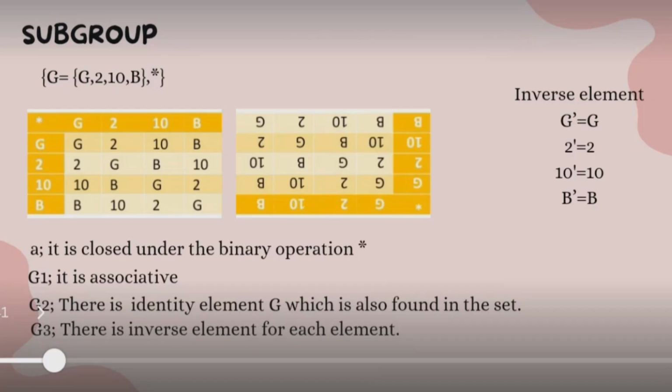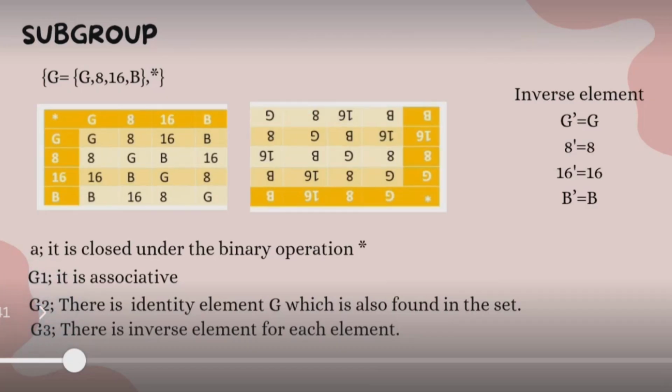And it has inverse elements: the inverse of G is G, the inverse of 2 is 2, the inverse of 10 is 10, and the inverse of B is B. So this is closed under the same binary operation of G sub 8 because all the elements operated are in the set, and of course the identity and inverse elements exist.